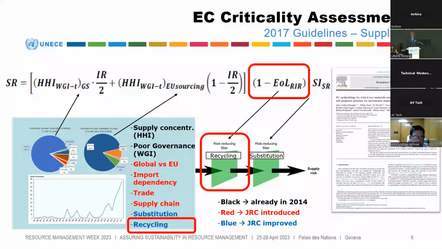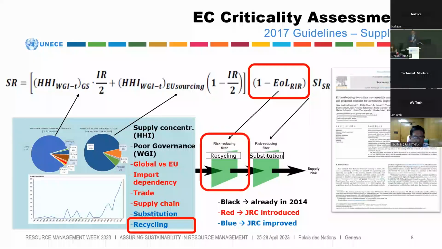We have combined this measure using import reliance. And this first measure of the supply risk for the EU has been connected also to factors that could mitigate the risk.